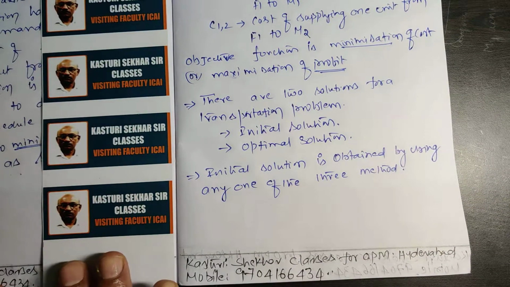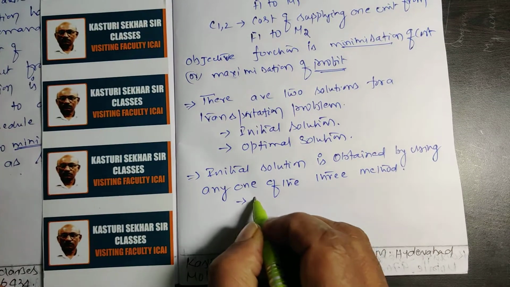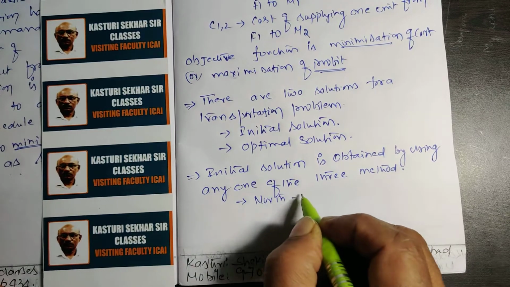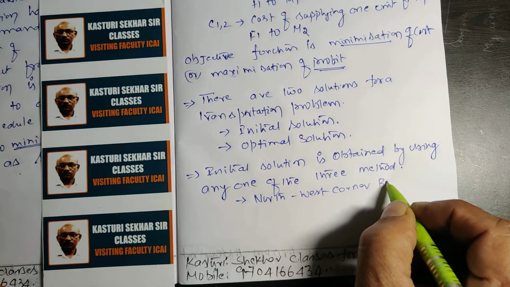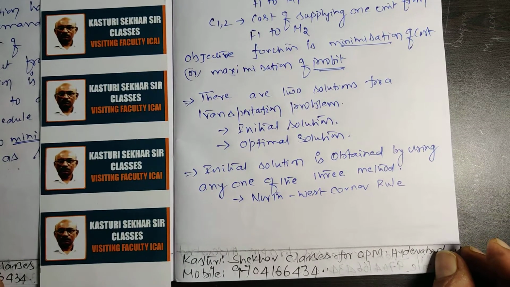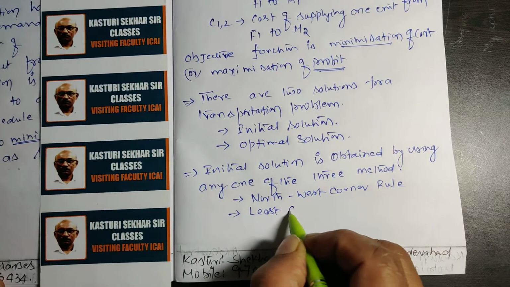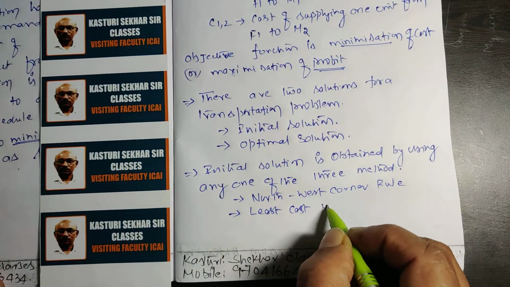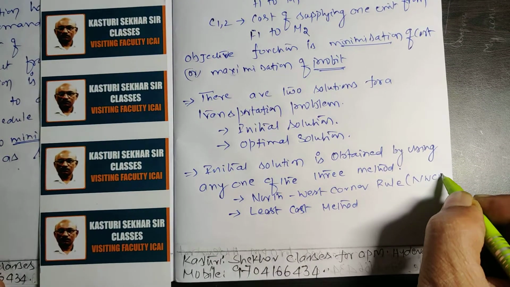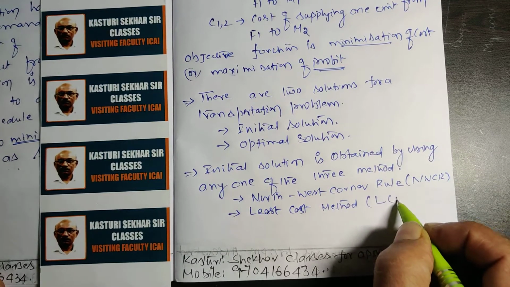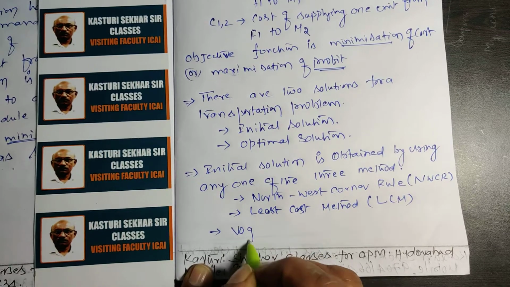First one is northwest corner rule. Second one is least cost method. Third one is Vogel's approximation method.